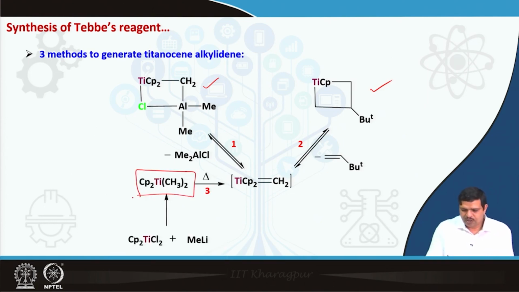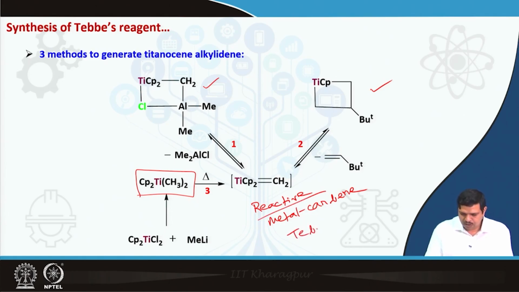So these are the different type of strategies to make the reactive metal carbene complexes, and you will see this is actually the Schrock type of metal carbene complexes, very reactive, which call the Tebbe reagent, okay.